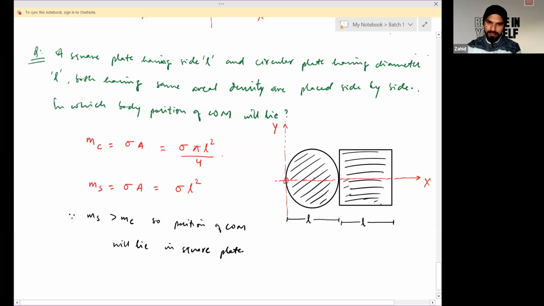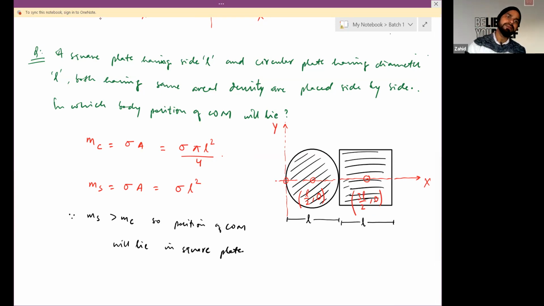So it will be at this midpoint, which has coordinate L by 2, 0. Similarly, for the square plate, it will be at this point, which is L plus L by 2, that is 3L by 2, 0. Is it clear? Yes, sir. Khalid, any doubt?